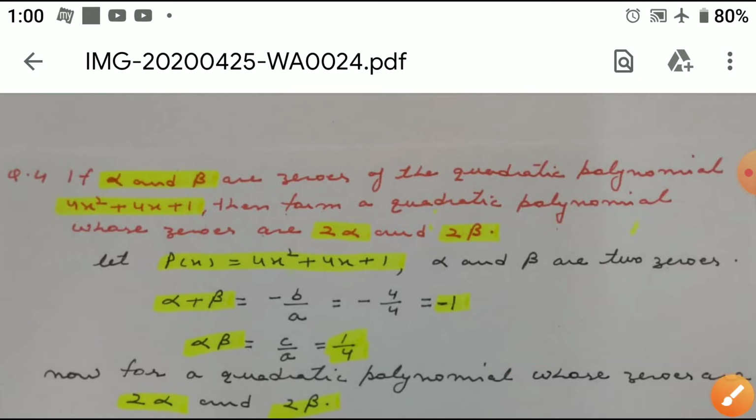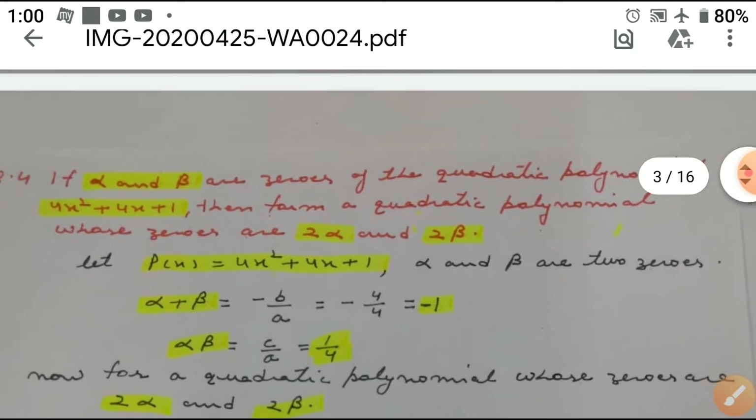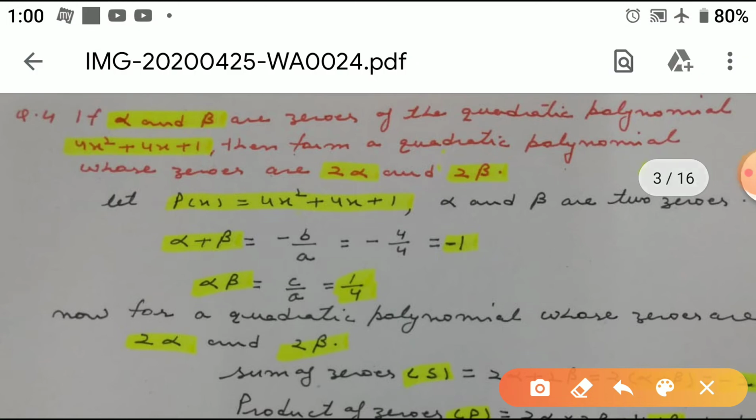So we start with the polynomial given here, this 4x square plus 4x plus 1. Alpha and beta are the zeros. So what is the sum of zeros? Alpha plus beta is equal to minus b upon a, minus 4 upon 4. The coefficient of x is b, so here it is 4. Coefficient of x square is 4. So minus 4 upon 4 is minus 1.